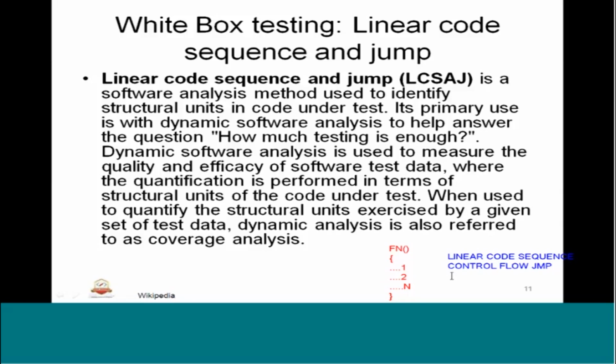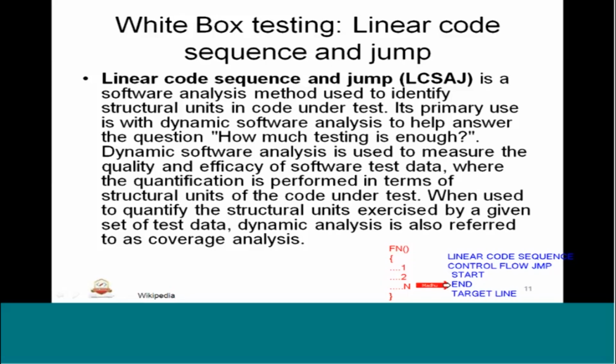That is start, then end. We know that we need to have end for the function block, and the target line. It means with the help of this target line, we have jumped to the end basically.